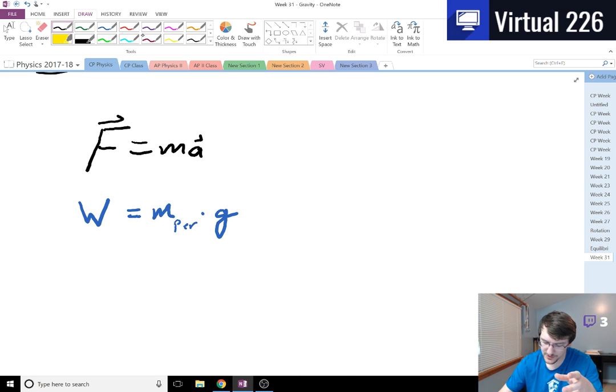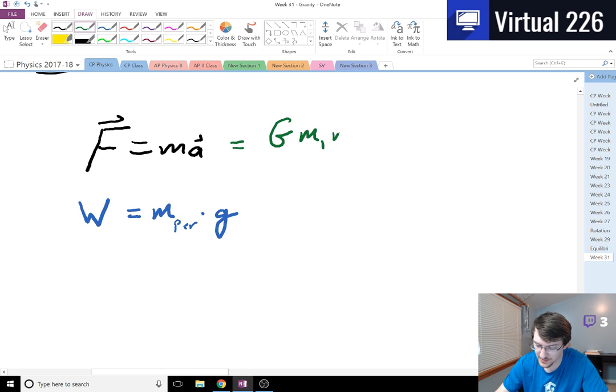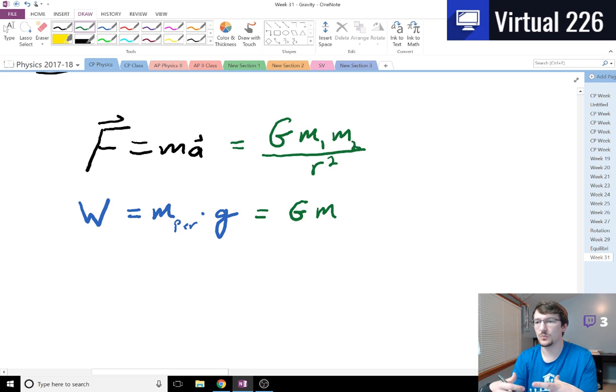Well, if that equation is really just F equals ma, and we know that F equals ma in a gravitational sense is GMm over r squared, then what we can really say here is that the weight of the person is equal to big G times the mass of, well, one of the objects.